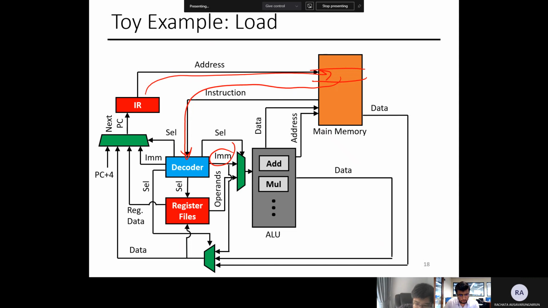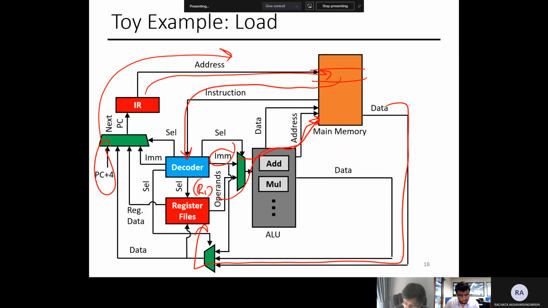Or it can be, okay, I'm going to load whatever R1 is pointing to. Then you feed R1 or the immediate as an address, and that becomes the address for whatever you want to load. Then the data comes out, and you might want to store that back to the register file. Then you select where you store, and you again increment the PC and go back. So that's for a load.